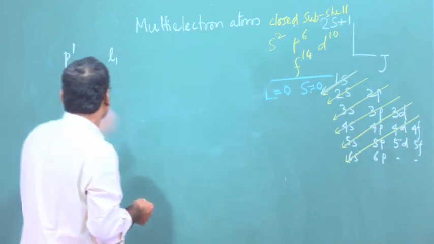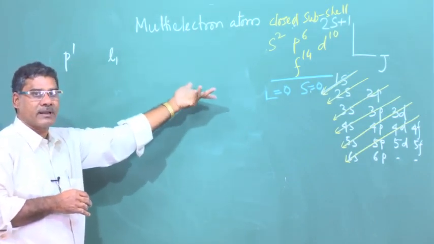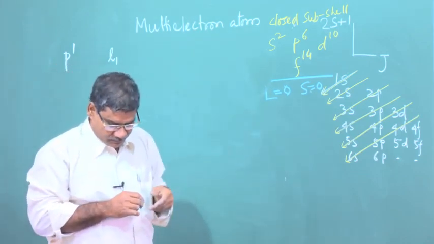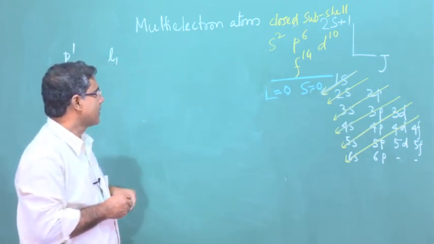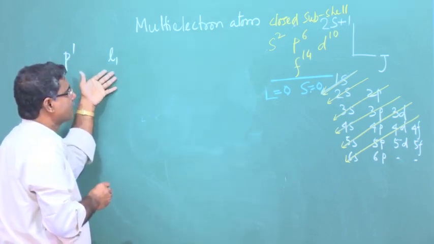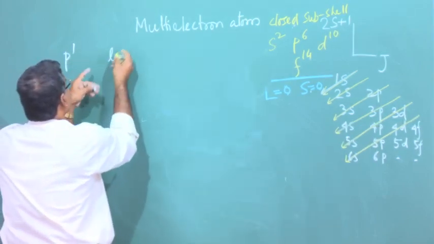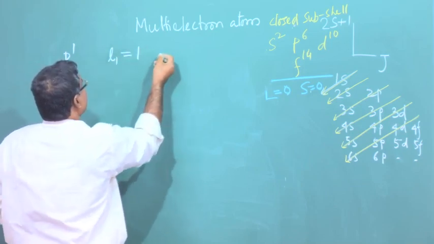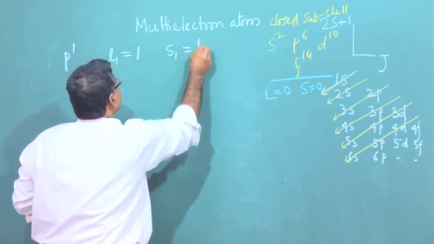Okay. So, for the p1 electron, here basically I am showing how to calculate the resultant angular momentum, either orbital or spin, and then the resultant. If we can calculate, then for a particular atom one can easily find it out. So, for the p1 electron, l1 is 1 and it is 1 electron, so s1 is obviously half.